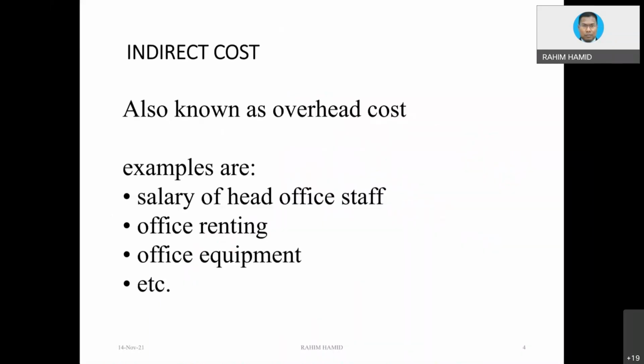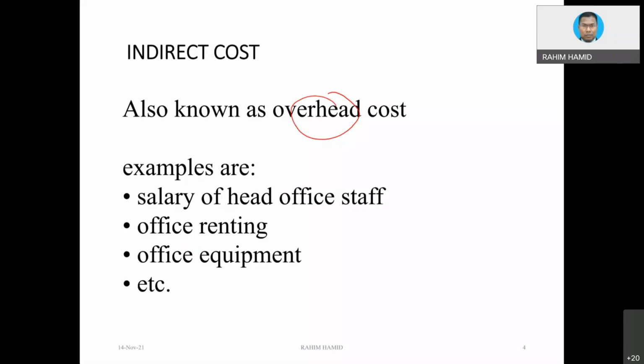And then indirect costs. Most of the things that you see in the preliminary section of the contract, BQ, whatever, would be in the indirect costs. So overhead costs could be many things, including a portion of the headquarters also.